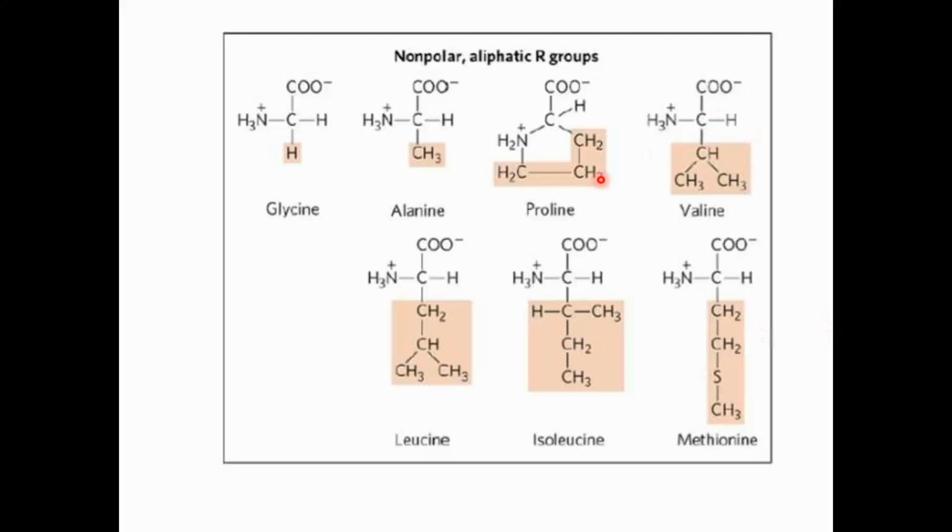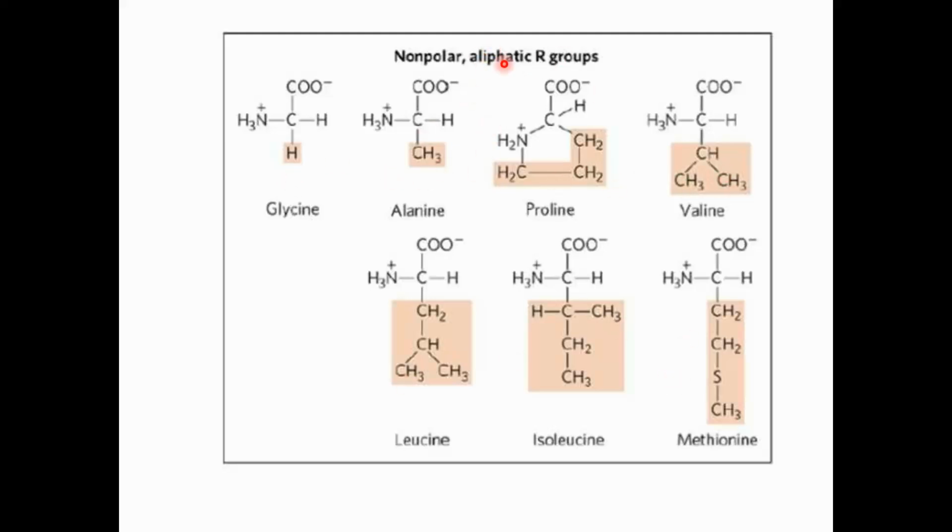The highlighted parts are the R group. This is the central carbon, this is the amine group, the protonated amino group, then the carboxylic group, the hydrogen atom, and this is the R. We see that these three groups are the same in each amino acid, and the highlighted ones, the R groups, are different in each amino acid.